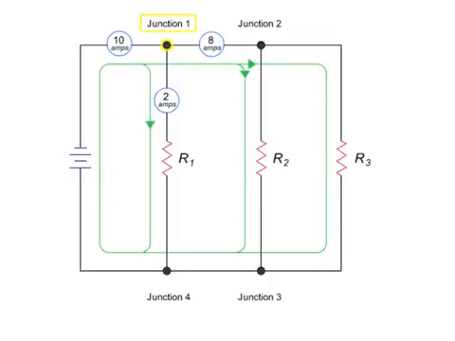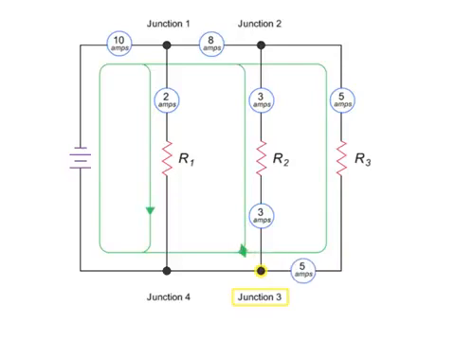The circuit branches again at junction 2, and the 8 amp current splits into 3 amps and 5 amps. As the current returns through junction 3, the 3 amp and 5 amp values recombine to give an amp value of 8. At junction 4, the 2 amps and 8 amps currents recombine to equal the 10 amps of the original source current.